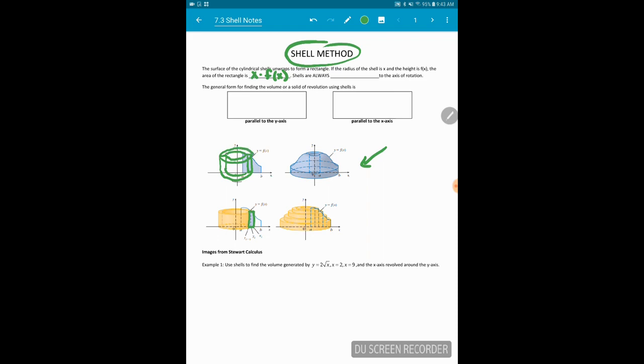So we end up with basically a cylinder going all the way around. And we add up all of these cylinders and it turns into the volume of the entire thing. So you can kind of see that in this picture. And then this picture is what happens if it's not rectangles, but it's basically the entire thing that's getting shaped around.